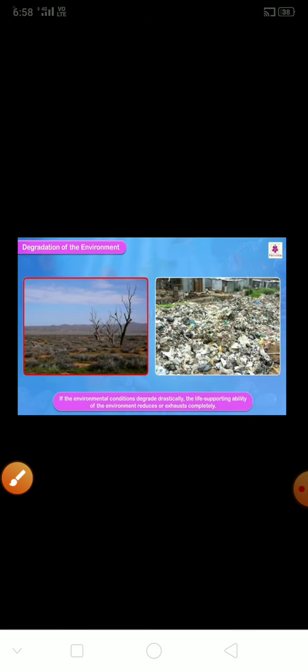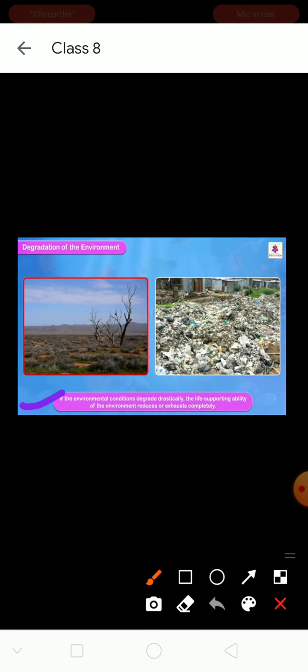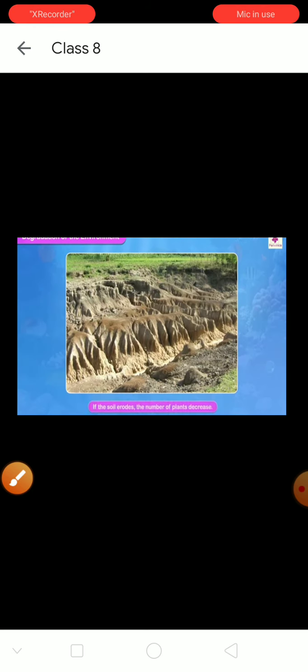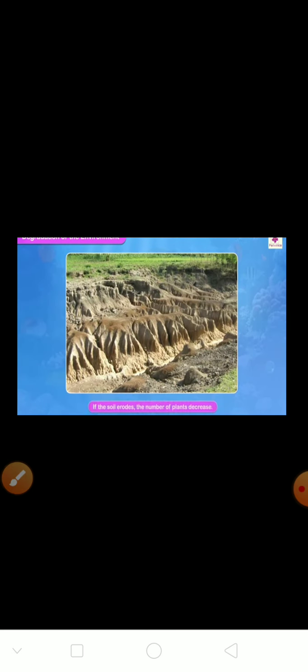If the environmental conditions degrade drastically, the life supporting ability of the environment reduces or is exhausted completely.